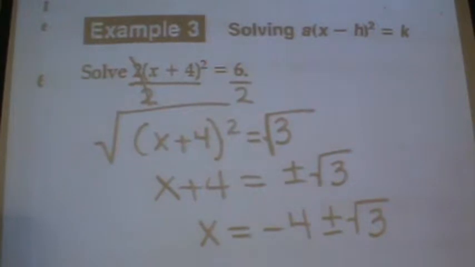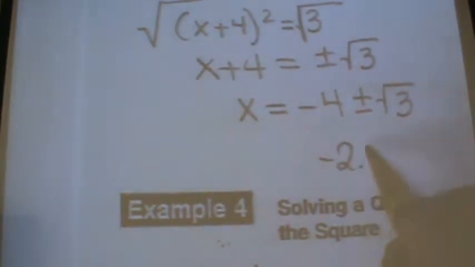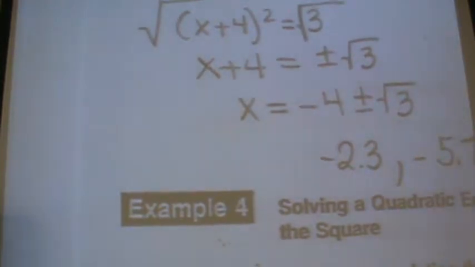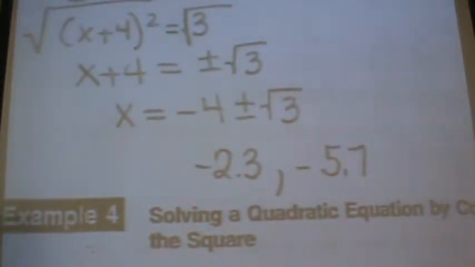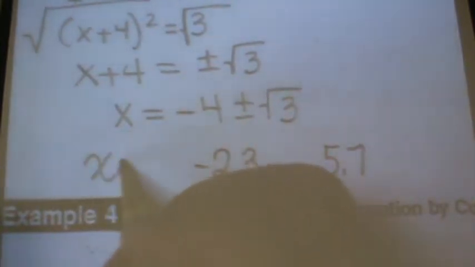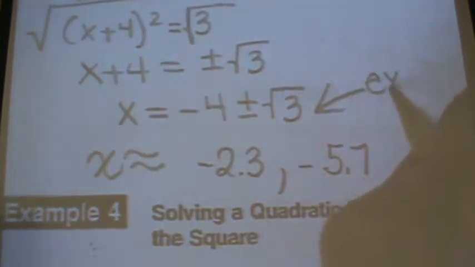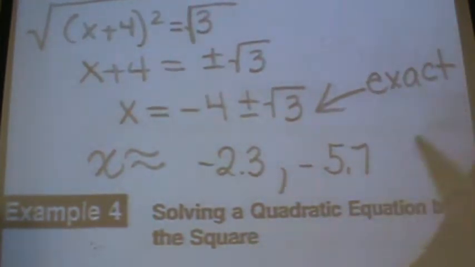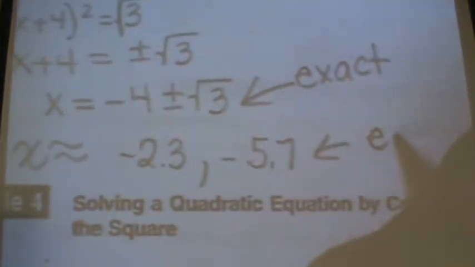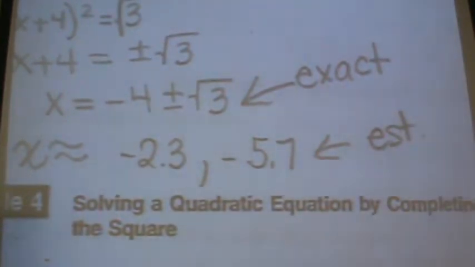They're actually an estimation of the two numbers: about negative 2.3 and negative 5.7, if you converted them to a decimal. This is approximately. So these are exact, and these are estimated. Okay?